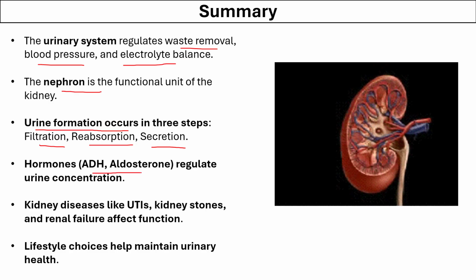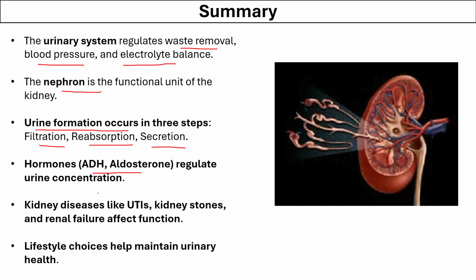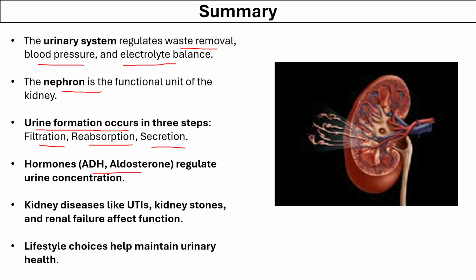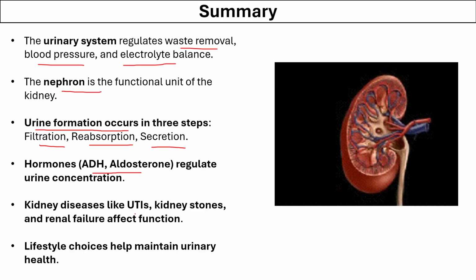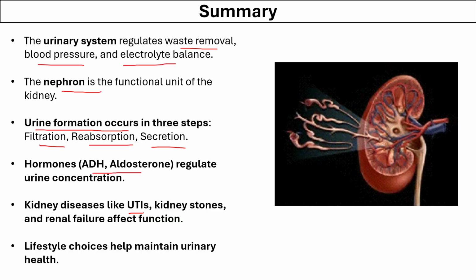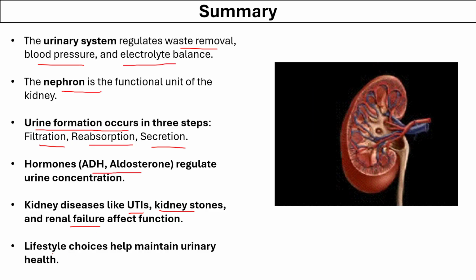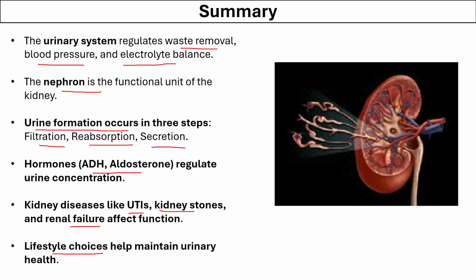There are important hormones called the antidiuretic hormone and aldosterone, which are involved in regulating the final urine concentration. Several kidney disorders that we learned about today are UTI, which is urinary tract infection, kidney stones, and renal failure, and how living a healthy lifestyle can help in maintaining the health of our urinary system.